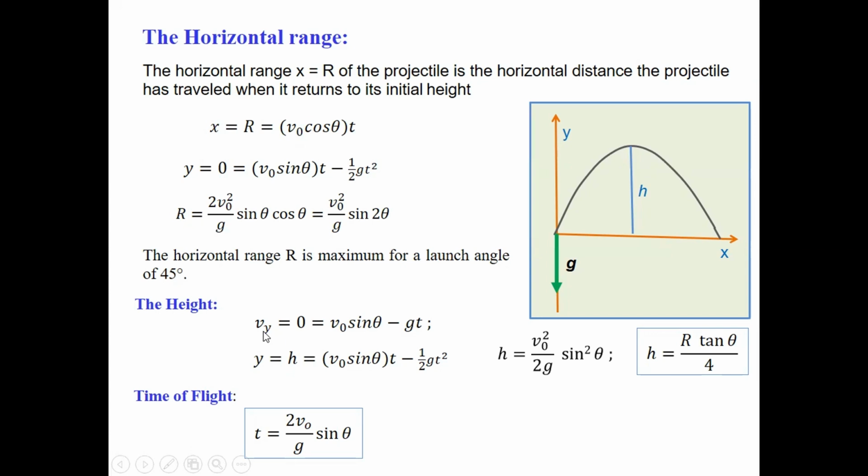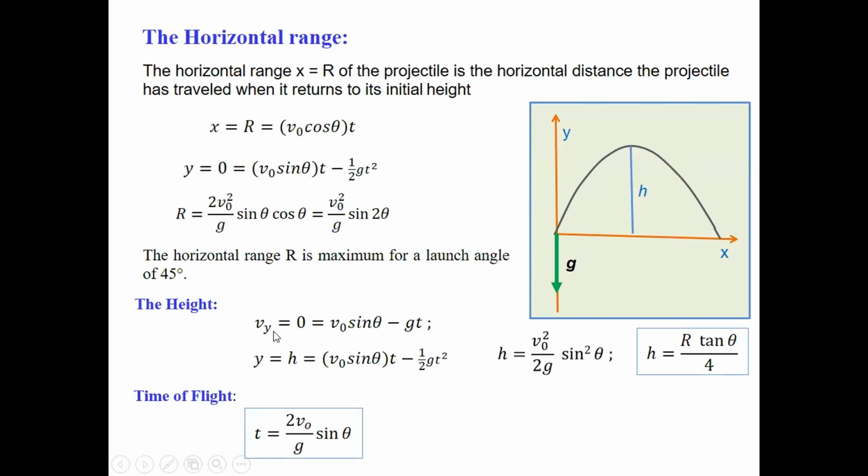Height can be computed from the velocity along the vertical direction and the y value. You know, at this height, the vertical velocity component becomes 0 and only the horizontal component exists.